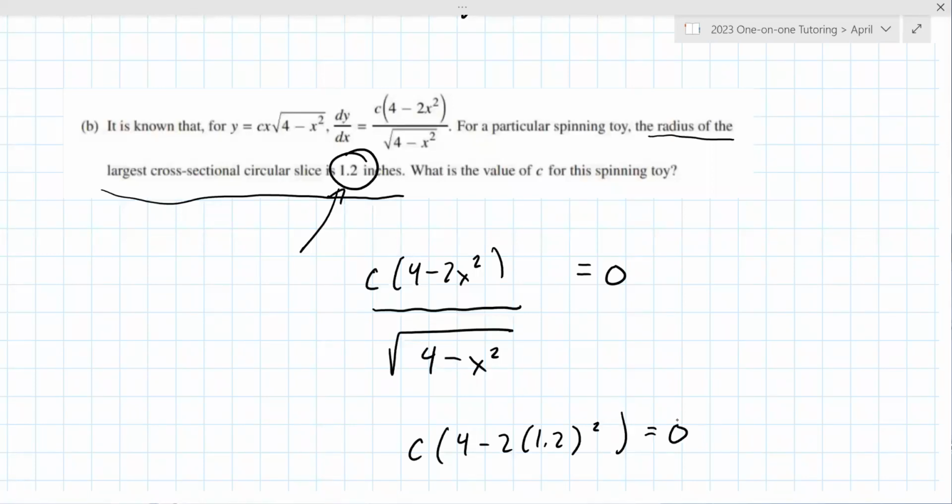Sorry, this isn't quite right because this is not going to work out the way I want. No, I misread something. This is referring to something else. Radius of the largest cross sections. Okay.